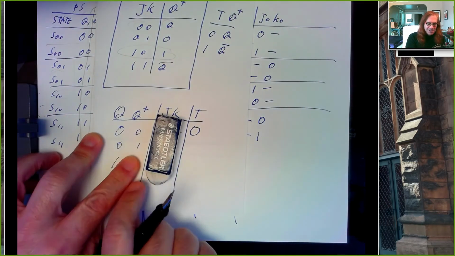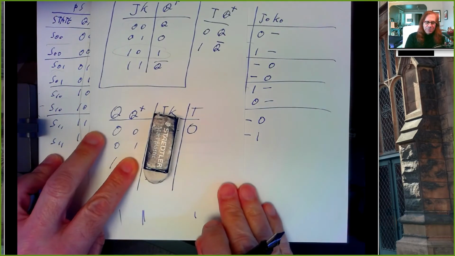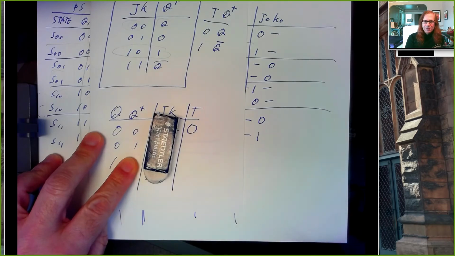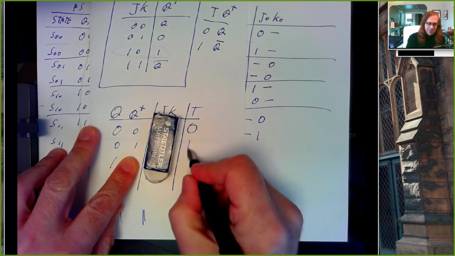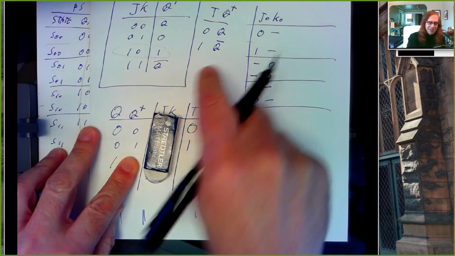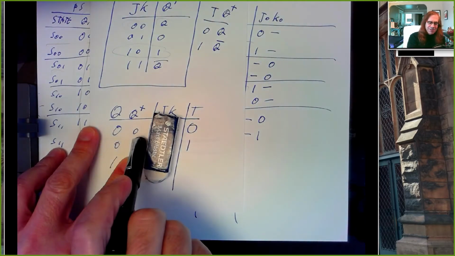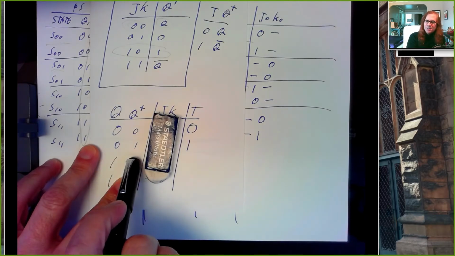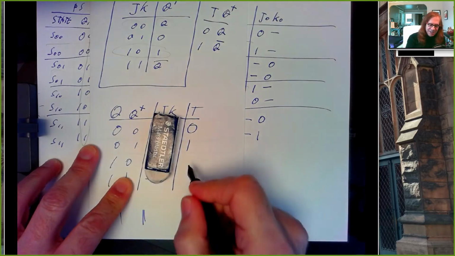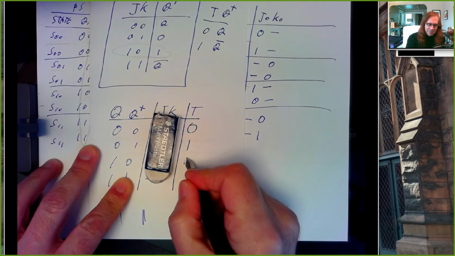If it's currently a 0 and we want the output to be a 1, what should we set T to? 1. Set it to a 1, because if it's 1, the output will toggle, and that's what we want. It's a 0, we want it to toggle to a 1. And if the output's a 1 and we want the new output to be a 0, we again want it to toggle, so we'll set T equal to 1.